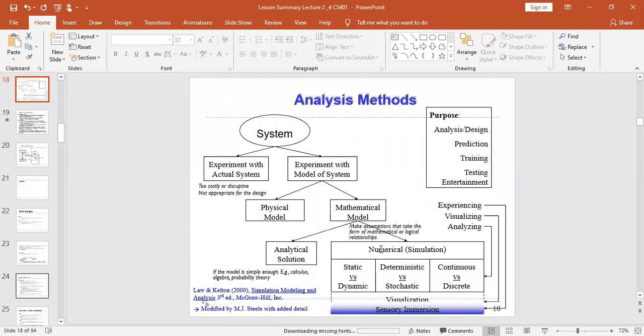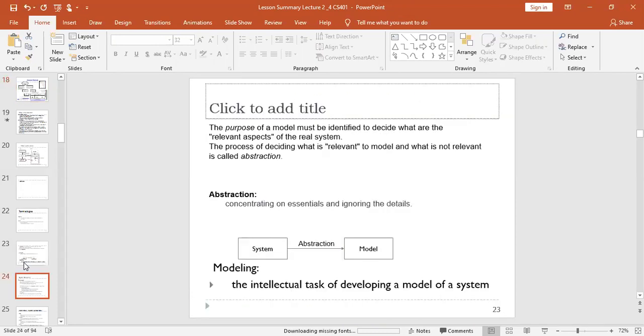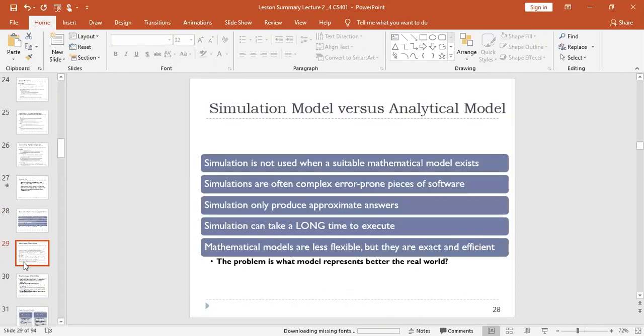You can see we have numerical solutions, or simulation models, which can be classified into three main types: static versus dynamic, deterministic versus stochastic, and continuous versus discrete. We want to look at them and their explanations briefly.